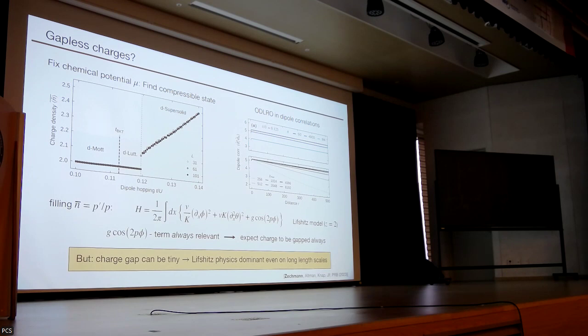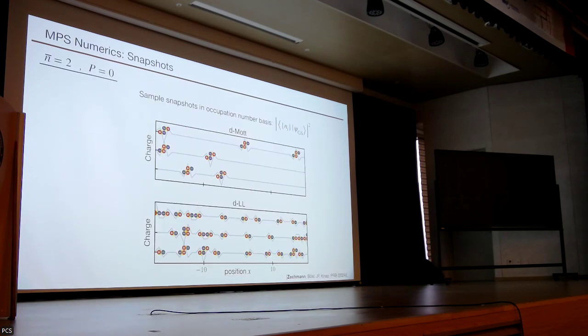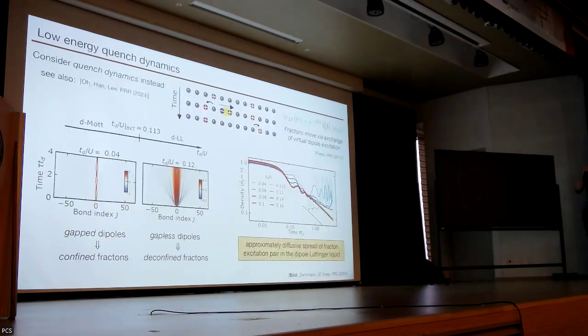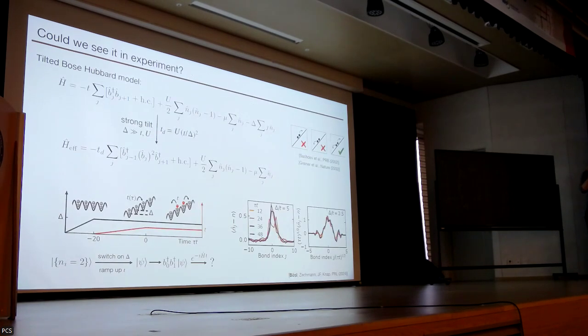There's one last question before we go for coffee. Thanks. Can you go back to the slide where you showed the projection from the original Bose-Hubbard Hamiltonian with field onto the effective model? Yes, this one. Two short questions. First, is there any numerical evidence that the physics you described within the projected dipole Hamiltonian can be observed, at least partially, when just running the tilted Bose-Hubbard model itself?